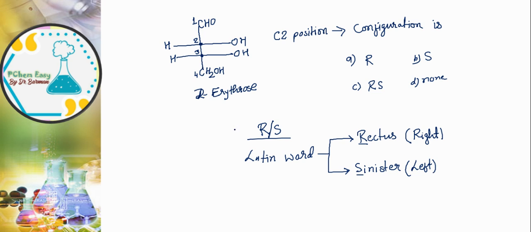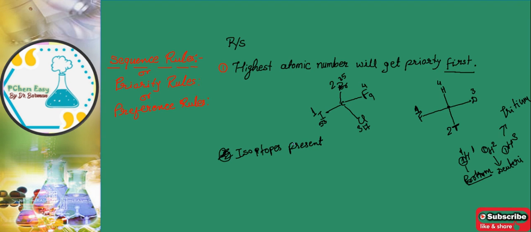So now we will see how we can assign the configuration. In the R and S system of nomenclature, there are several rules, which are called the sequence rule, or priority rule, or preference rule. On the basis of these rules, you will be able to find the correct configuration of any chiral carbon.